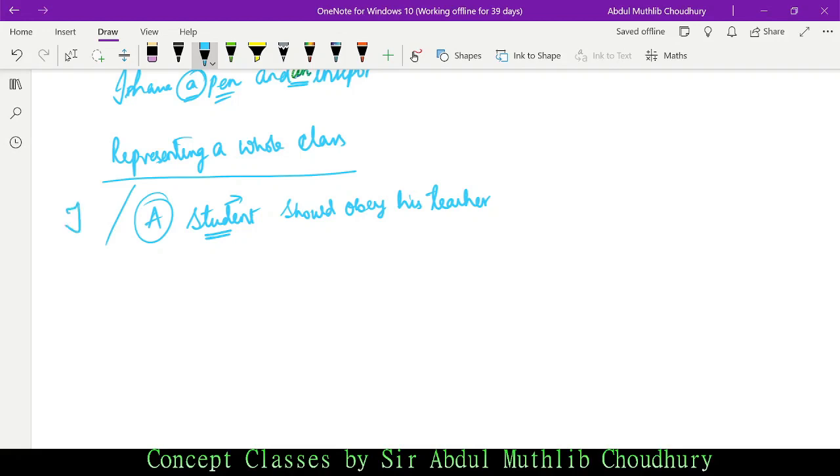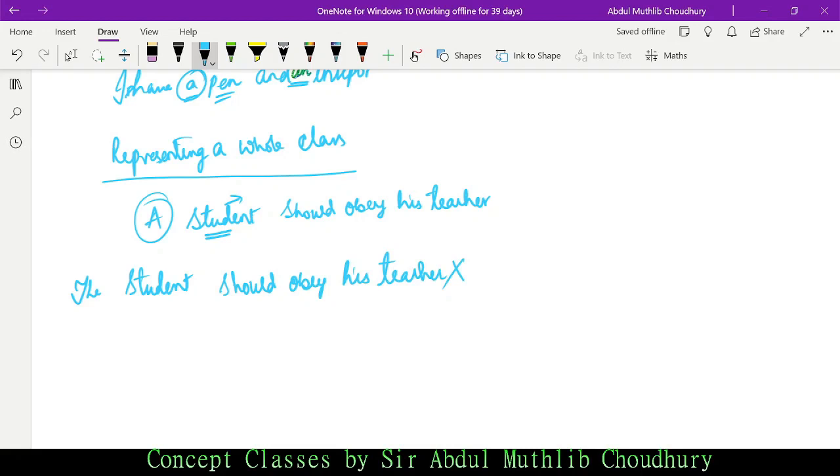So when can I use the? Let me clear out this difference. If you say 'the student should obey his teacher', it's wrong, because we are talking about a particular student in general.